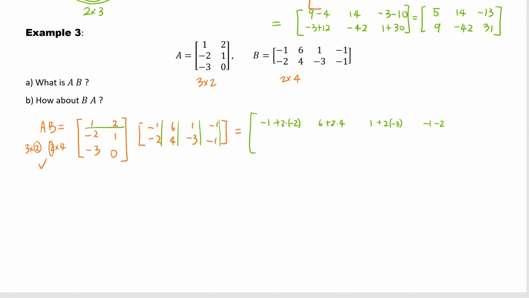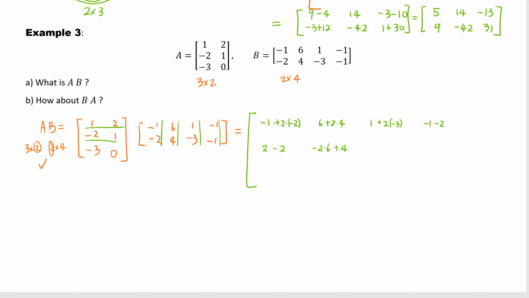Okay? And then next, we're going to have a longer one. Next is the second row of A times the first column of B. Negative 2 times negative 1, so it's 2. 1 times negative 2, negative 2. Next, negative 2 times 6, and 1 times 4 is 4.